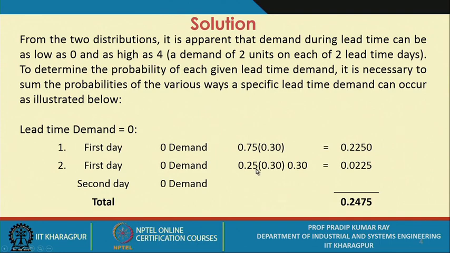That is 0.25. Already you referred to the table, you get these values. In the first day the probability is 0.30 and the second day is also 0.30. So you get a value of 0.0225. You add these two, you get a value of 0.2475.